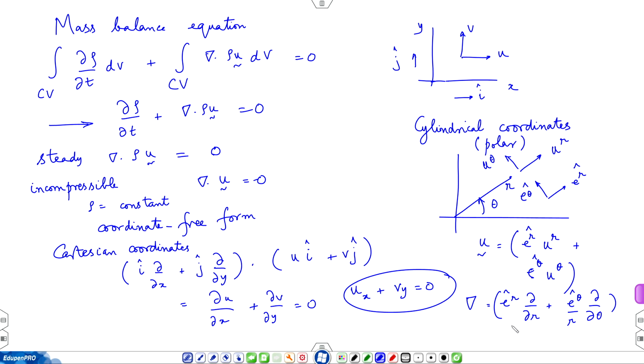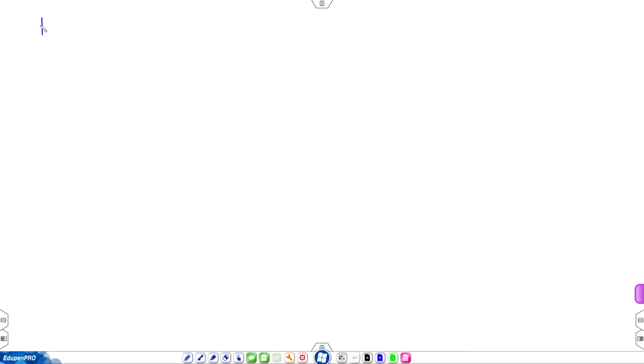So, when you do del dot u, this operation del del theta on e r and e theta will also have to be brought in. Now, in case of i and j, the derivatives were 0, because i and j are constant in magnitude and direction. So, in polar coordinates, you should be able to derive this result, where there is an extra term 1 over r u r, which is often called the curvature term.